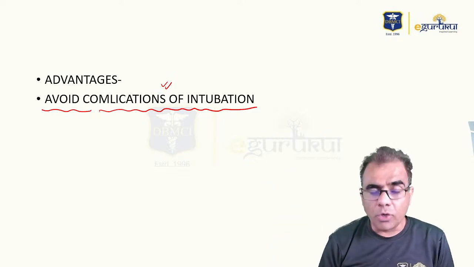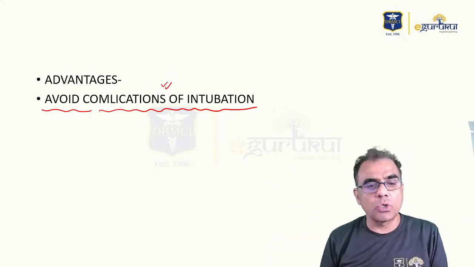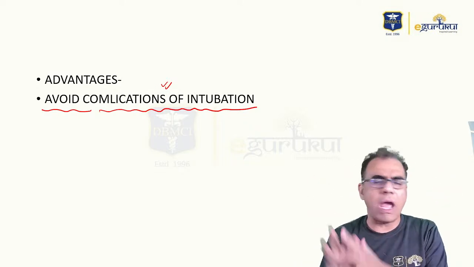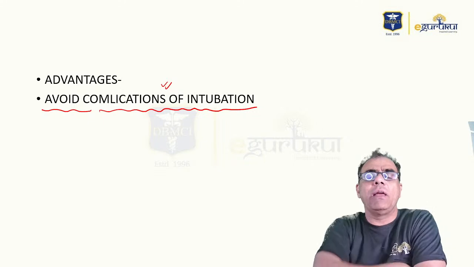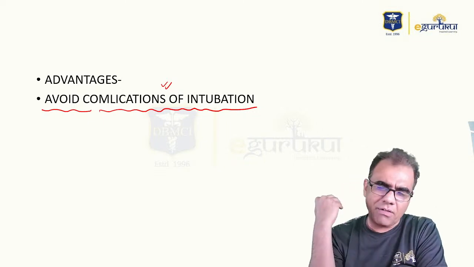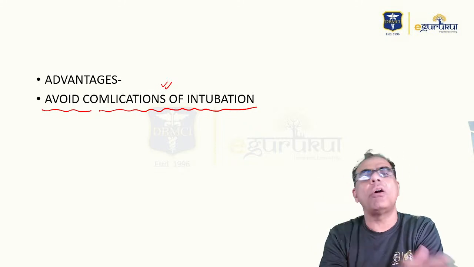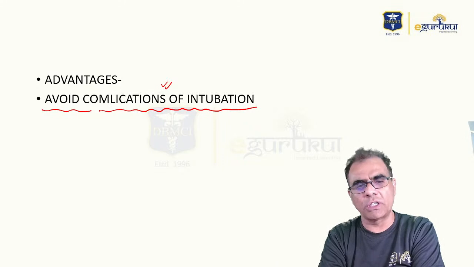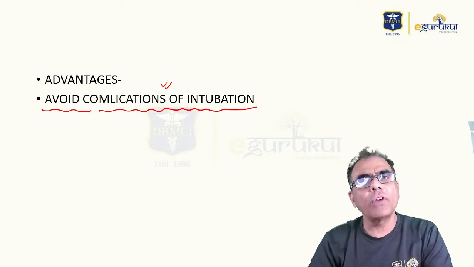Endotracheal intubation has a plethora of complications. And over the years, when we are using LMA, we find it such an effective method of ventilation that nowadays we routinely, very commonly, use it as an alternative to intubation to avoid the complications of intubation.